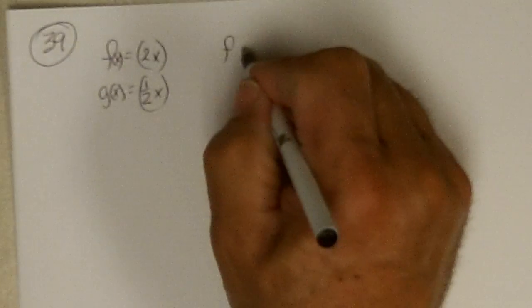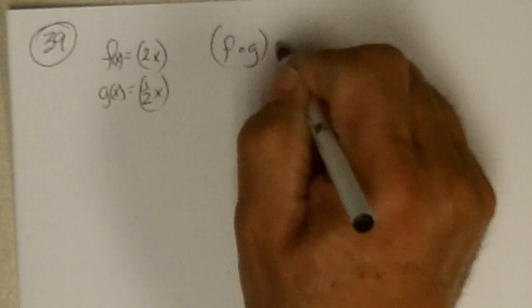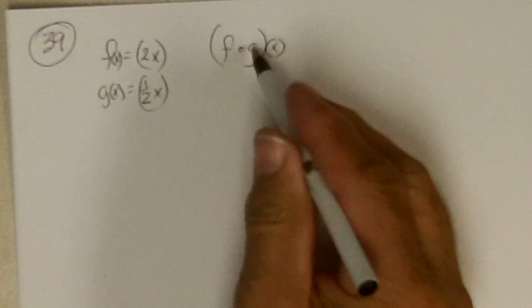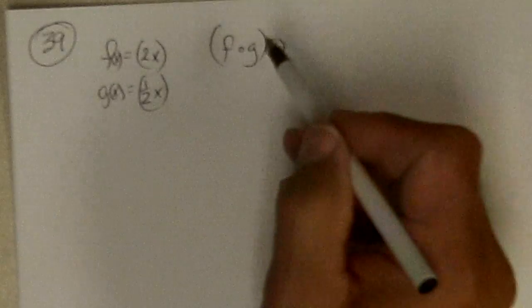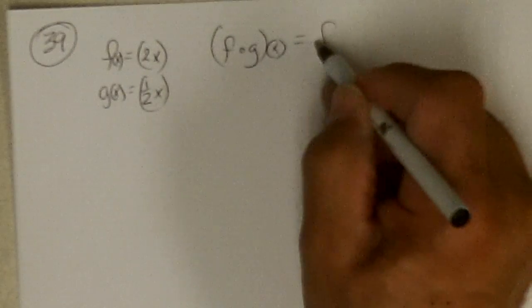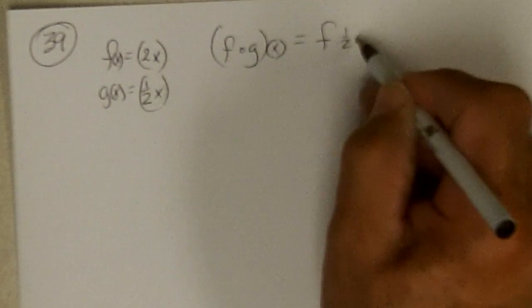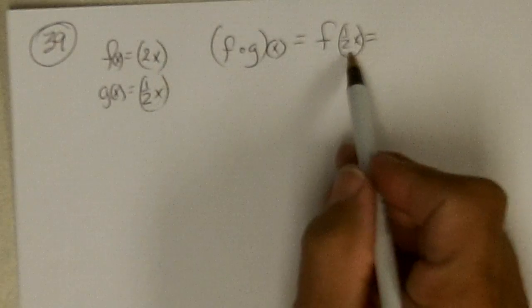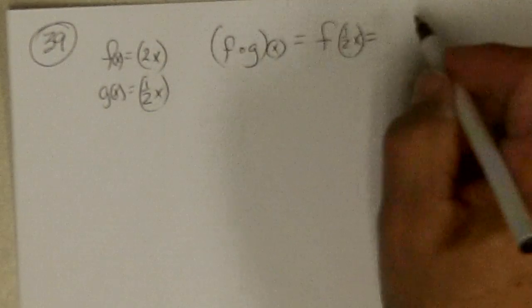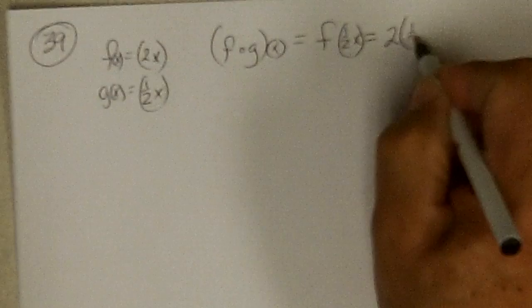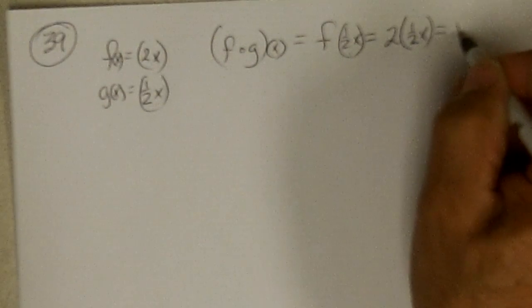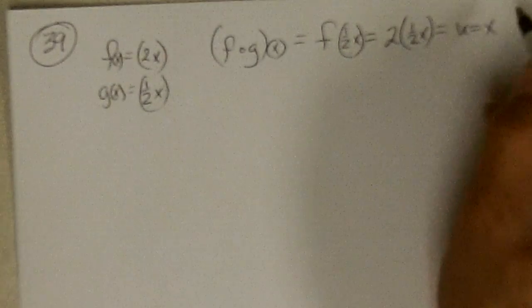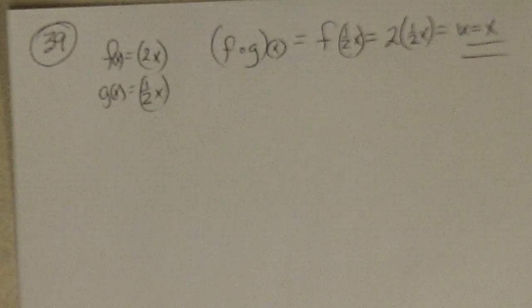So f of g of x means I put x into g. x into g is 1/2 x. So I've got to put into f 1/2 x, which means I'm replacing the x in here with 1/2 x, and I get 2 times 1/2 x, which is 1x, or just x. So it is an inverse because that went nicely.